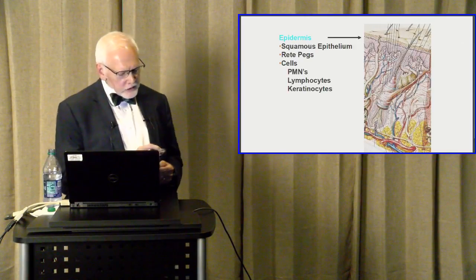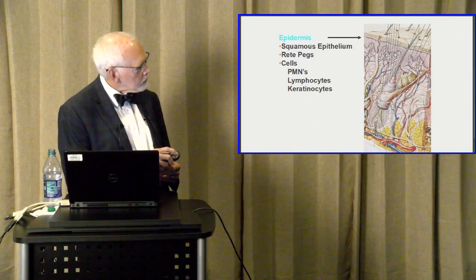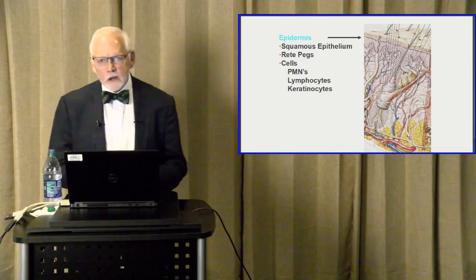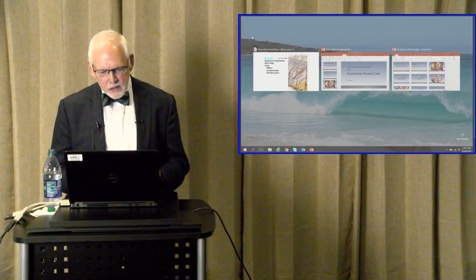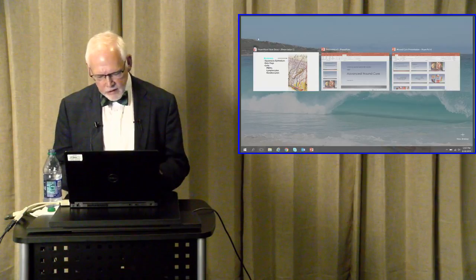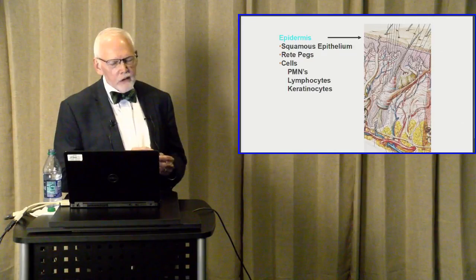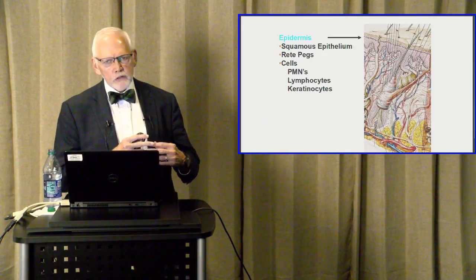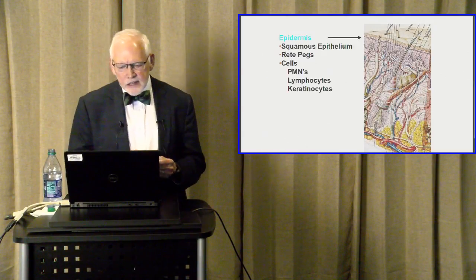There's a cool little feature here, right here, where you see the up and down, and that's rete pegs or rete ridges, which sort of fit together like a finger joint and keep shear forces from causing skin tears.